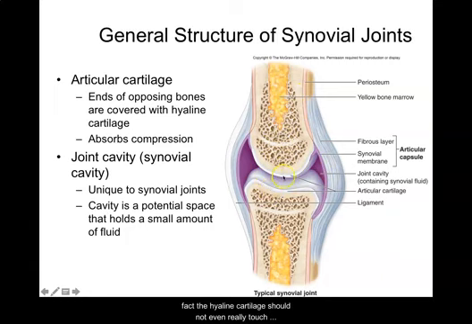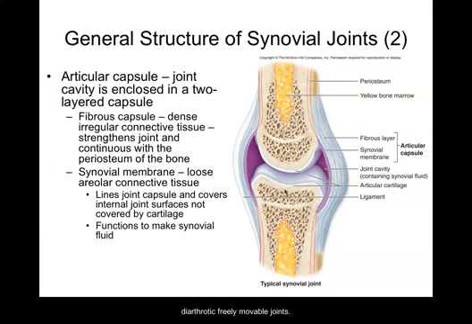In fact, the hyaline cartilage should not even really touch each other in most of these synovial joints. The articular cartilage surrounding the coverings of each bone should simply glide on the synovial fluid, reducing friction that might be otherwise caused at these diarthrotic, freely movable joints.